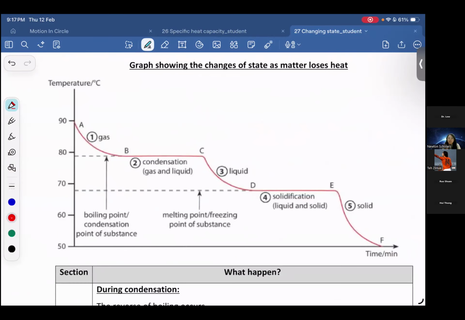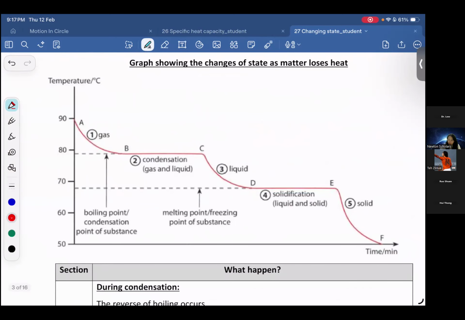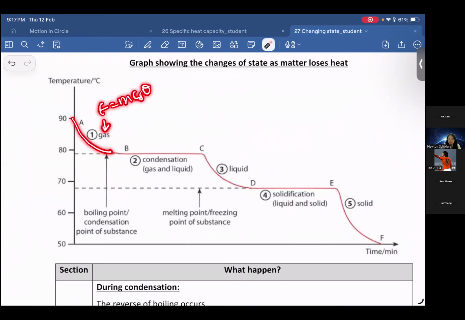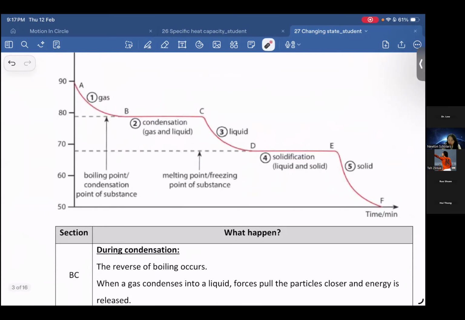Just now was the heating curve. Now is the cooling curve. It will release energy. For the part where temperature decreases, I don't need to mention it. That is the part E equals mc change in temperature. We release energy, so temperature will decrease. Here, what I want to emphasize is section BC. This is the part where they change state. Just now here was gas.